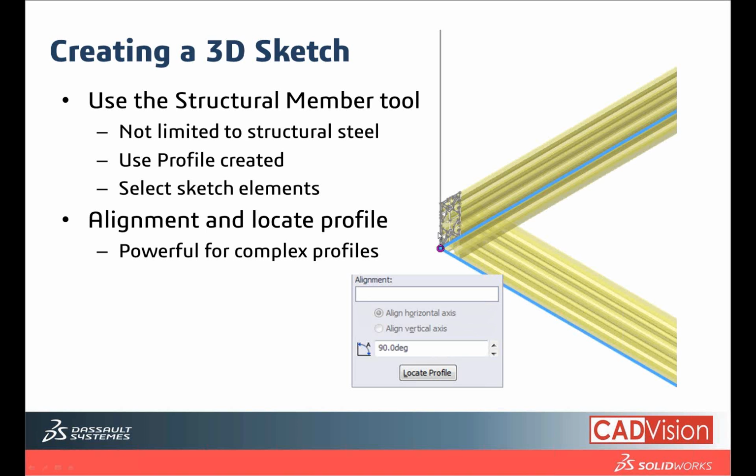Remember all the edges and all the points that we had in the earlier slide? Those points are used for locating your profile. You can add additional points in your profiles, provided you save it later on, and then you can use those points to locate your profiles according to what you want.